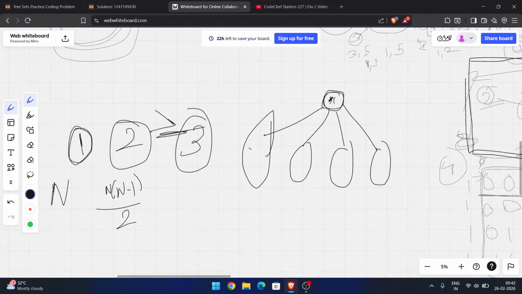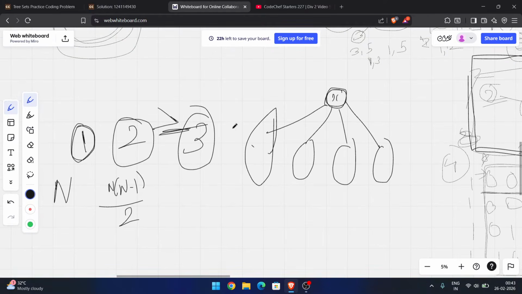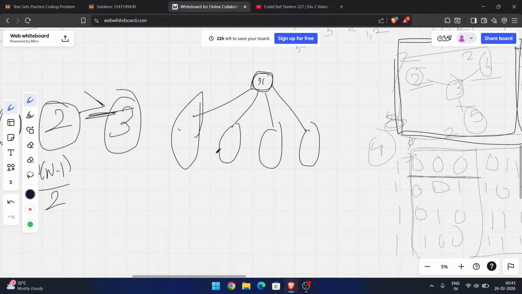Now for every x, what we are trying to do? For every x, we want size greater than 3. So what we are doing, we are maintaining an array ways of 2, 3 and greater than 3. For 1, it was one way that we don't select anything.